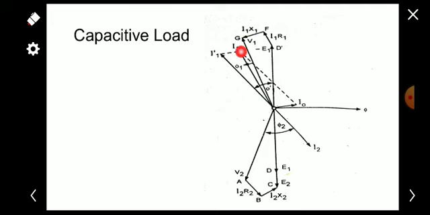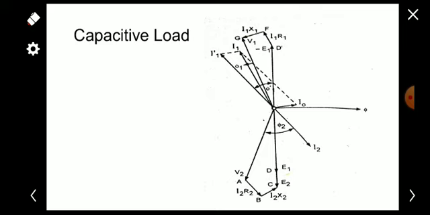So you can draw I1 R1 in phase with I1, that is, drawing a parallel line from minus E1. We stop that I1 R1 at some point, and from that we draw a line at 90 degrees to I1 R1, that is I1 X1. The resultant of minus E1, I1 into R1 and I1 into X1 gives V1.